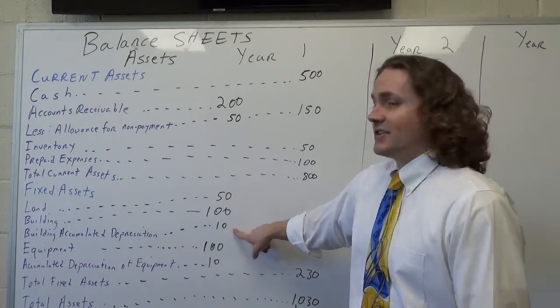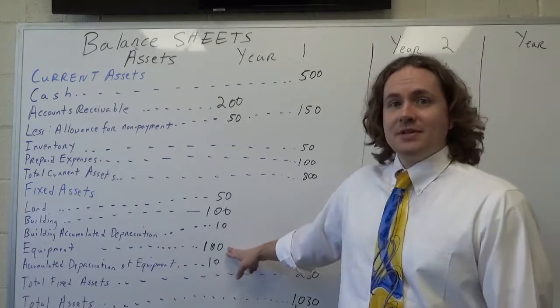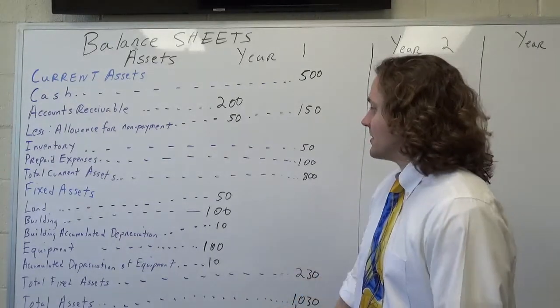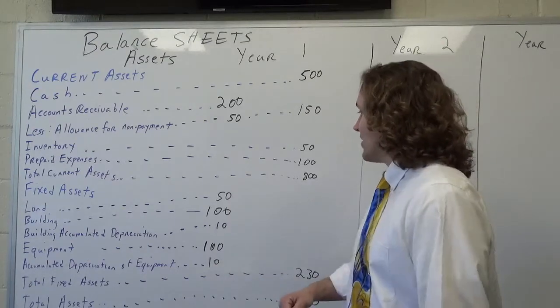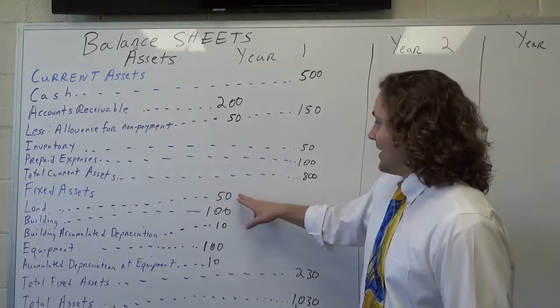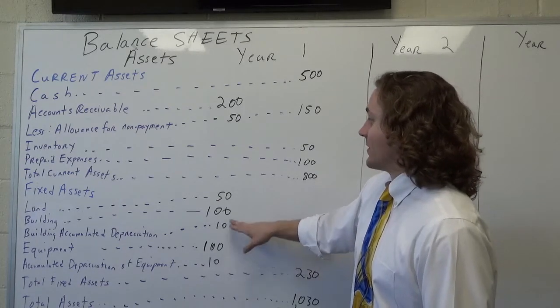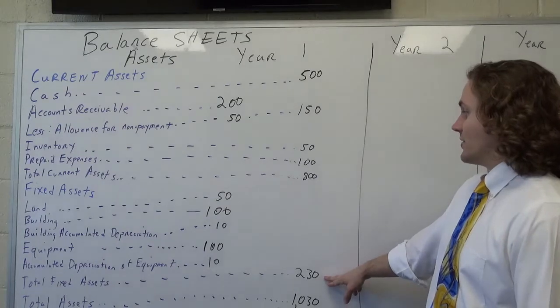You subtract off the depreciation. Okay. Then you add your equipment. Again, maybe a lemon juicer or something like that, and that's worth about $100. And then the depreciation for that lemon juicer, so it's worth a total of $90. And you add your land, your building, and your equipment together, minus your accumulated depreciation, and that gives me $230.